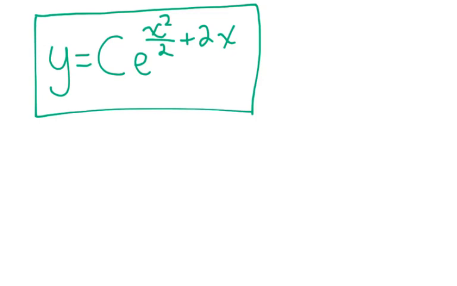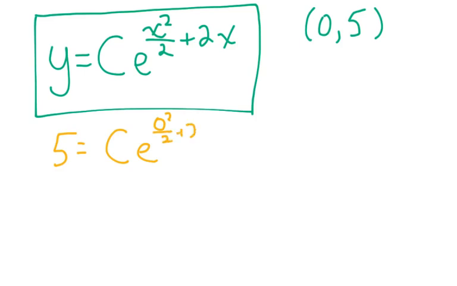And let's go ahead and say, what if we had initial conditions on this one? Let's say we knew that the particular solution goes through the point 0, 5. Well, at that point we can plug in 0 for x and 5 for y, and we can say 5 equals c times e to the 0 squared over 2 plus 2 times 0.